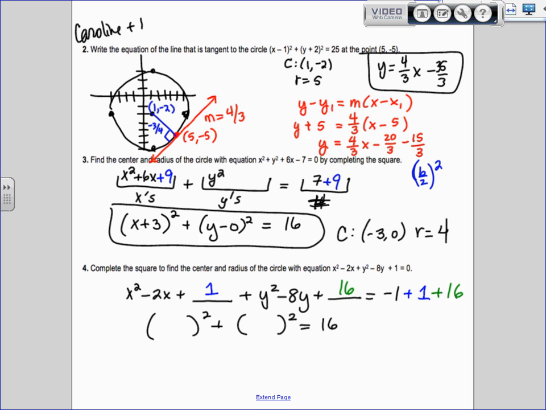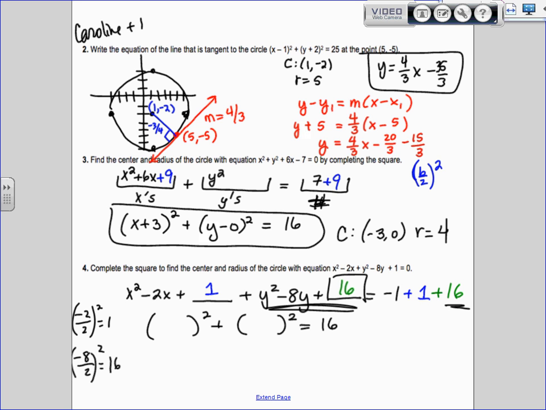You have to keep your equation balanced. So if I added the 16 here to create my perfect square, I have to add it on this side too. I did my b divided by 2 squared. So remember, I took my negative 2 divided by 2 squared, and I got 1. I take the negative 8 divided by 2 squared, I get negative 4 squared is 16. Add those on both sides.